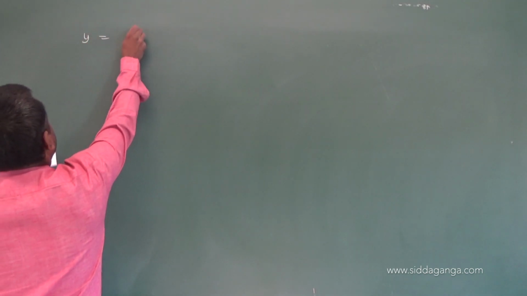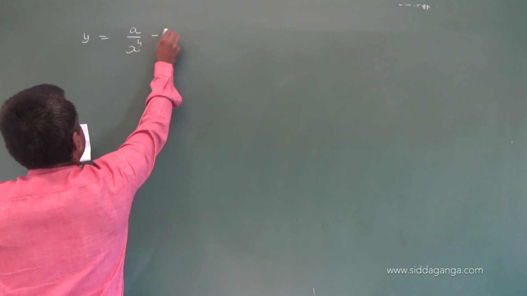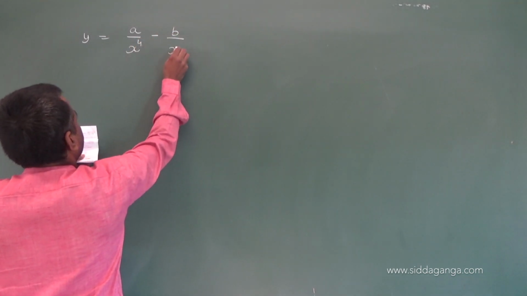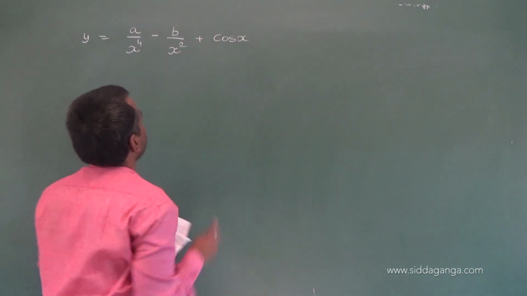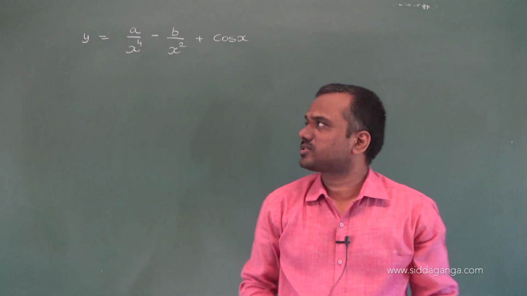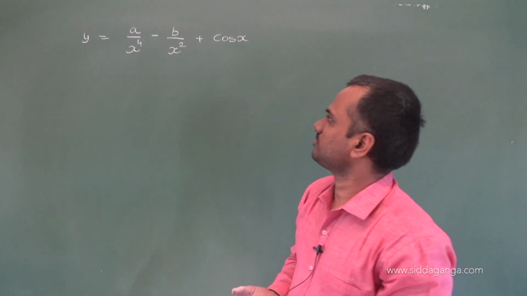Y is equal to a divided by x to the power 4 minus b divided by x square plus cos x.